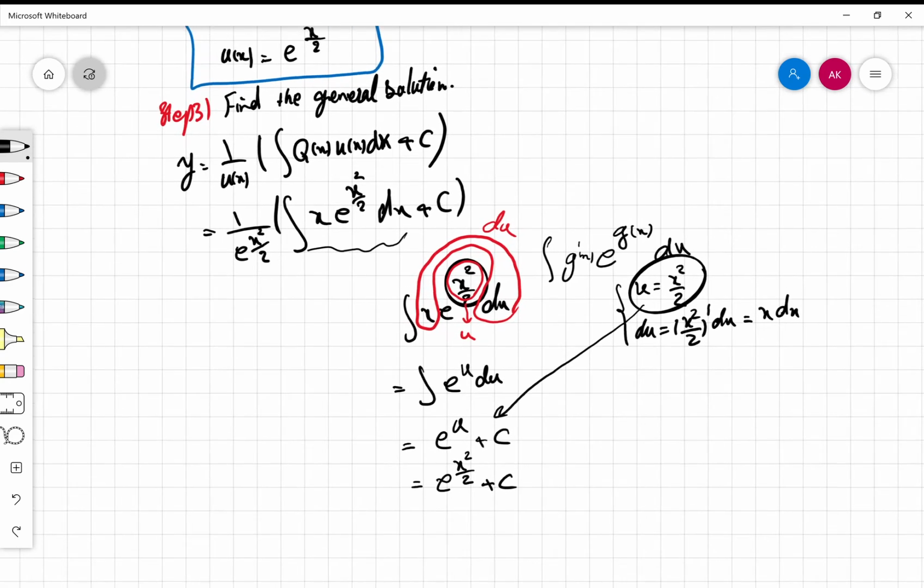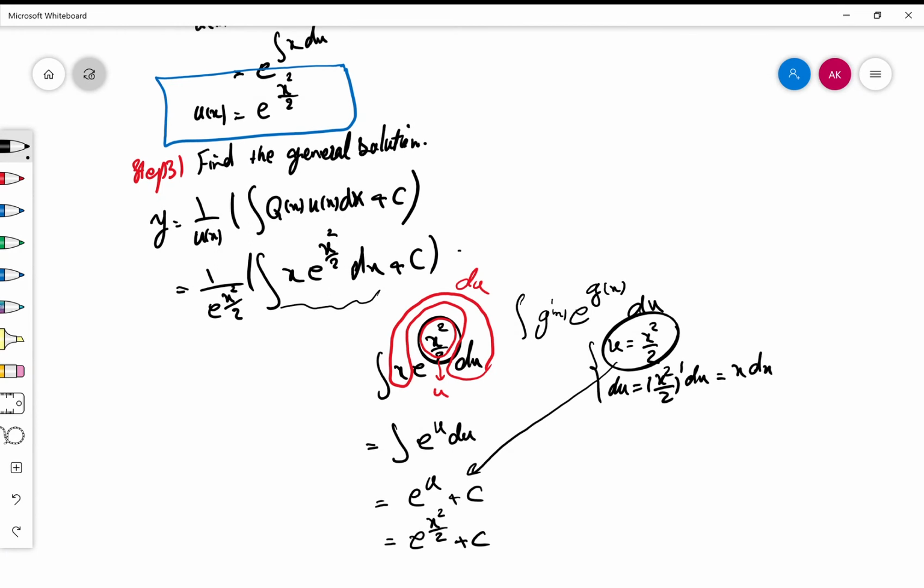Okay, so we solved it, and we get 1 over e to the power x squared over 2 times e to the power x squared over 2 plus c. Then you multiply this inside, plus c e to the power x squared over 2.